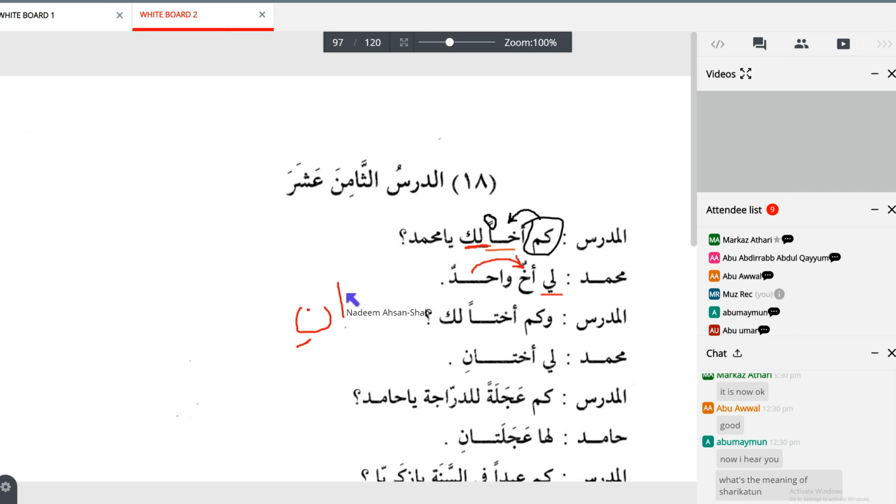Now, الدراجة, we had that in one of the previous lessons. Let me just try to find it on a page over here in my book. It was a page that had loads of pictures and various objects in the feminine form the first time they introduced it. And that was on page 36 of my book, الدرس السادس. هذه دراجة.